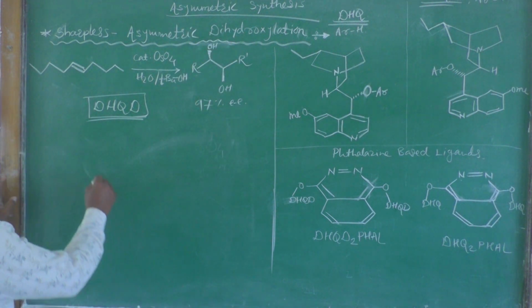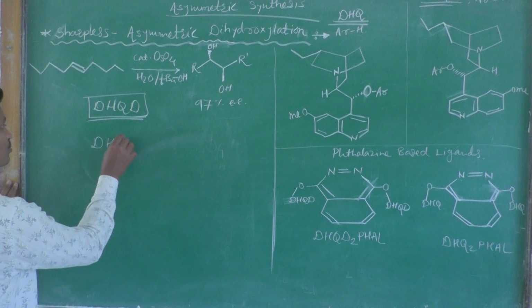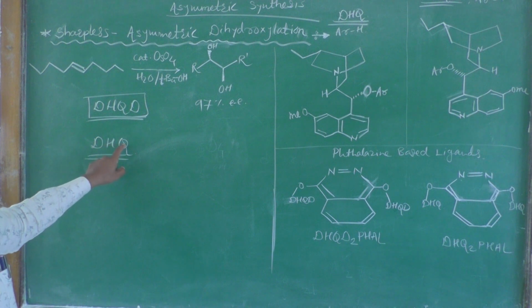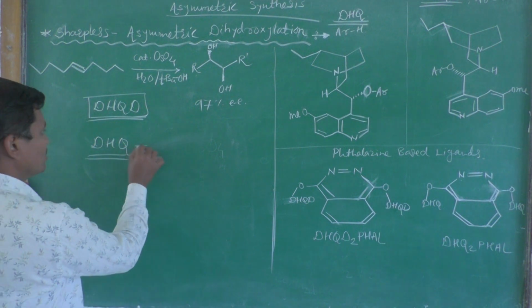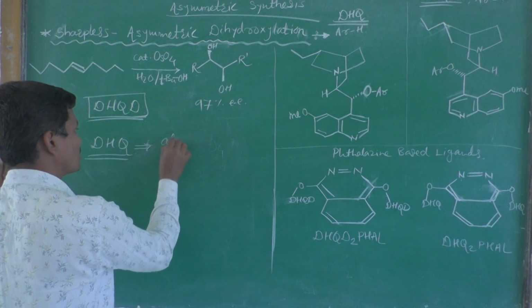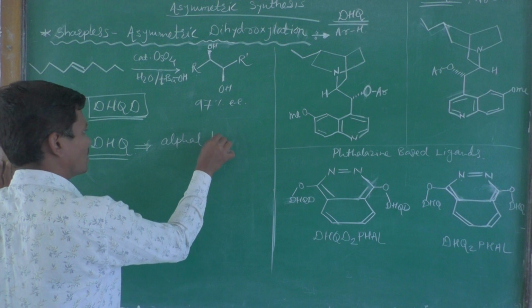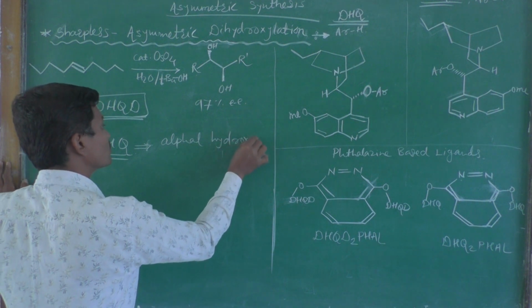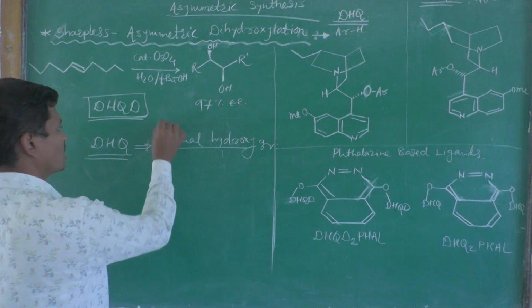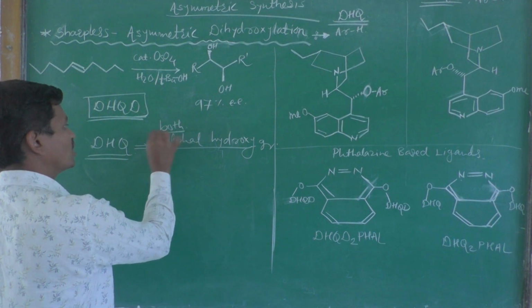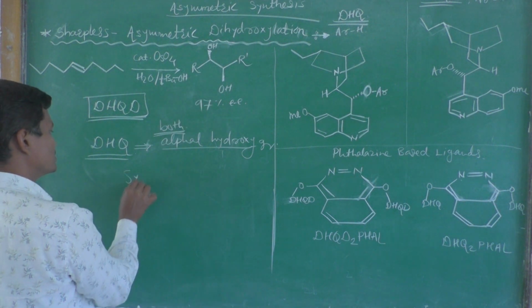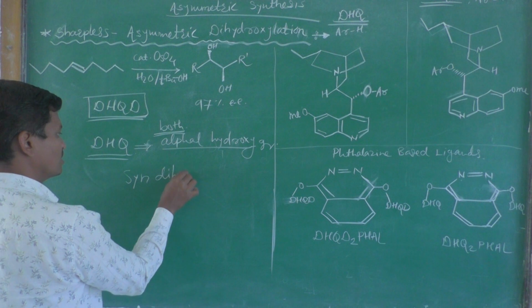Okay, but when we are using DHQ, then we are getting alpha hydroxy groups. No doubt both groups are alpha, so in both of the cases we call it a syn dihydroxylation.